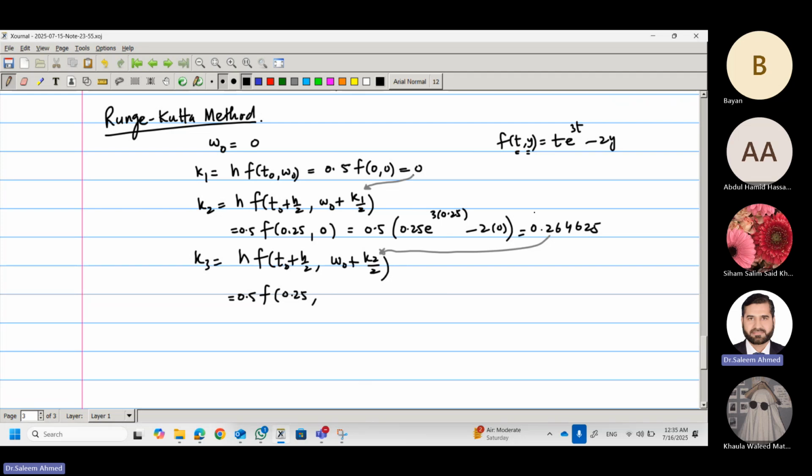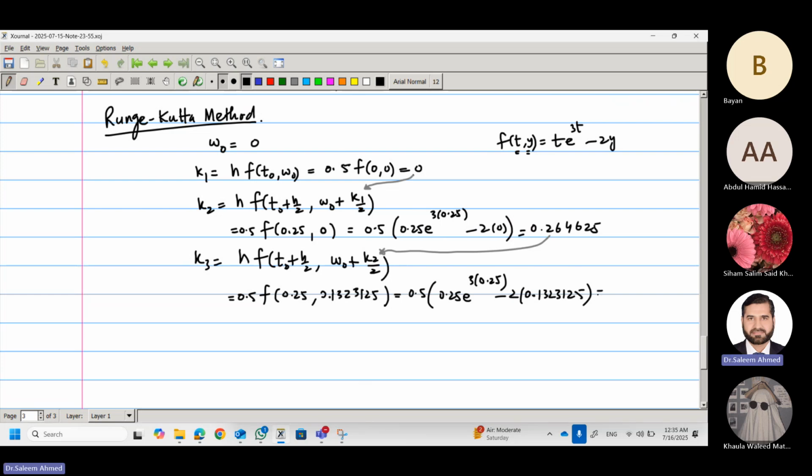K2 by 2 is 0.2646 divided by 2, which is 0.1323. So now, my function is t e to the power 3t, 0.25 e to the power 3 into 0.25, minus 2 into y, where y is 0.132.